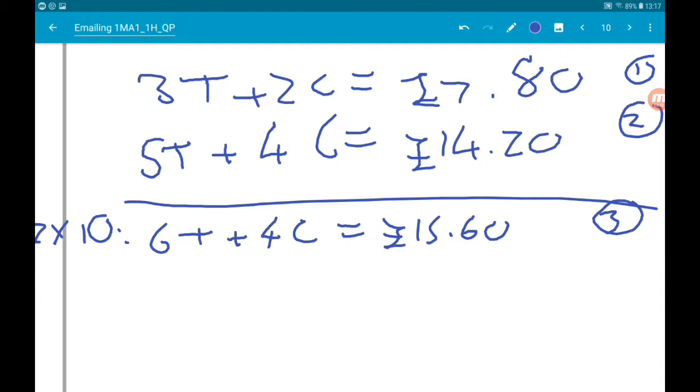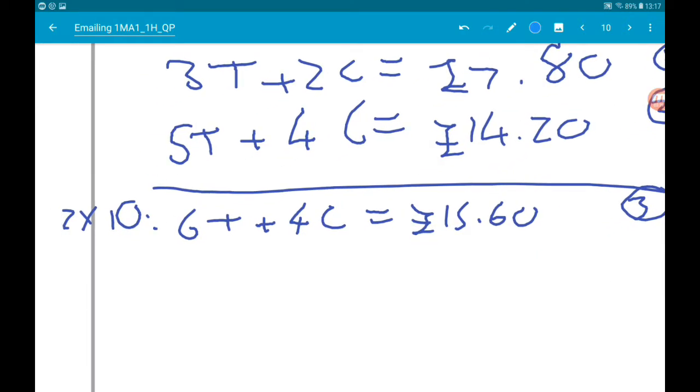So to avoid negative numbers, I'm going to do 3 take 2. So 6t minus 5t is 1t. 4c take 4c, c goes bye bye.